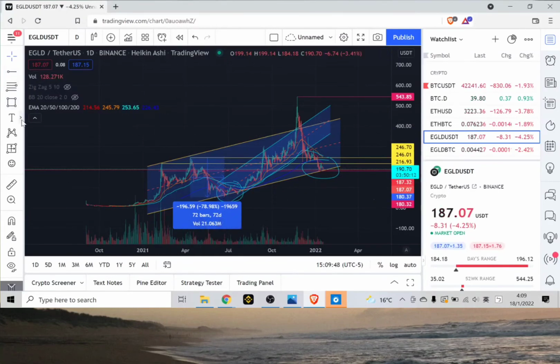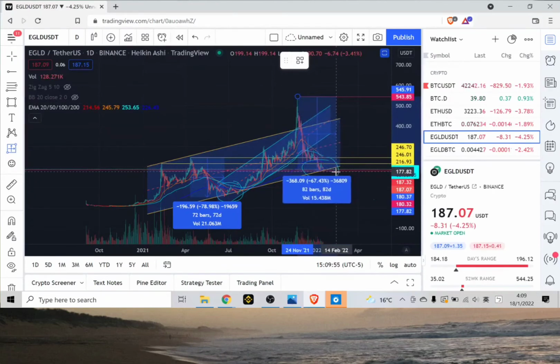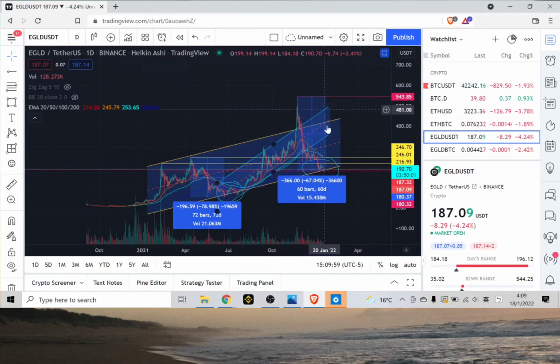So right now we will do the same, from 540 to now 180. So we're only decreased for about 3x. So the pattern will repeat itself, but it also will reduce how severe it corrects.